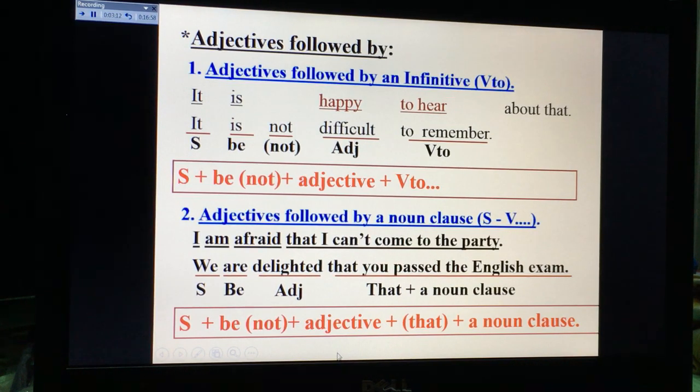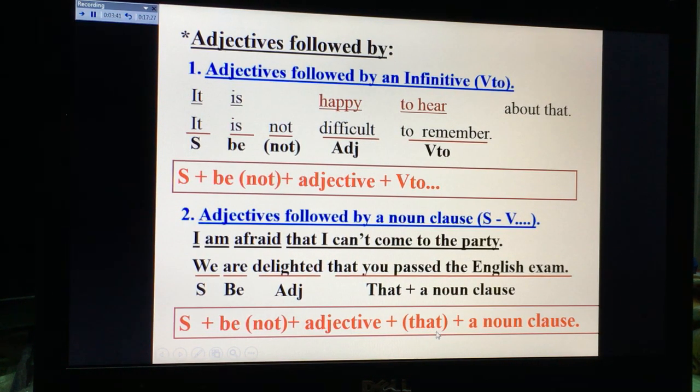So what can follow an adjective? An adjective can be followed by a V2 like in number 1, and an adjective can be followed by a noun clause like number 2.